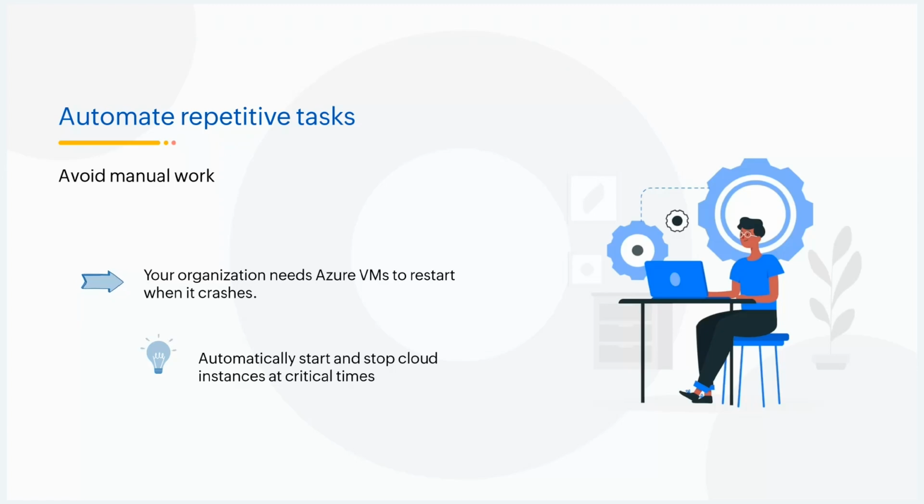So with Applications Manager, we provide automated actions that can restart specific Azure VMs or Amazon EC2 instances when they are in the down status, without any manual intervention. This not only saves time, but also ensures that your critical systems remain available without any delays. So using this automate repetitive tasks, we'll be able to avoid manual intervention.